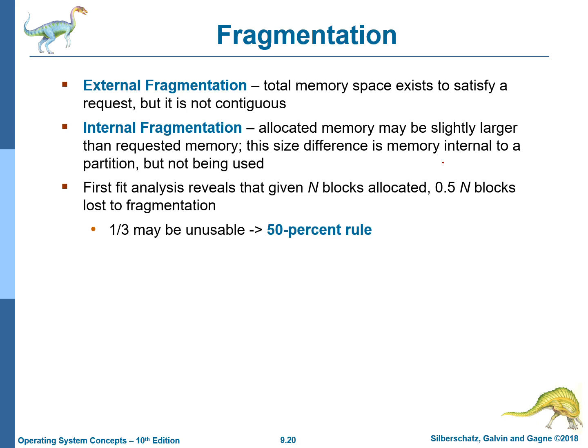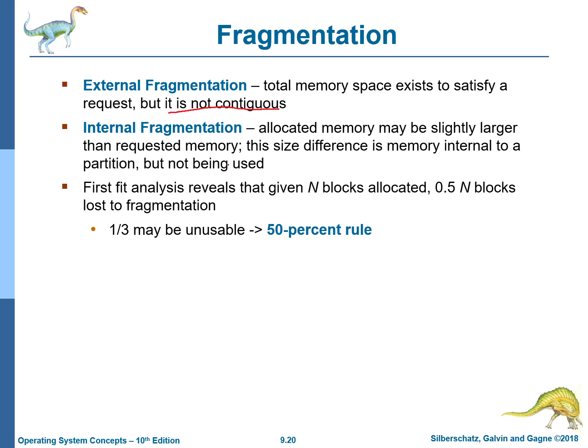It means that if you combine all the internal fragmentation and you have enough memory but you cannot facilitate a new process, then this is called external fragmentation. Total memory space exists to satisfy the request, but it is not contiguous in nature.